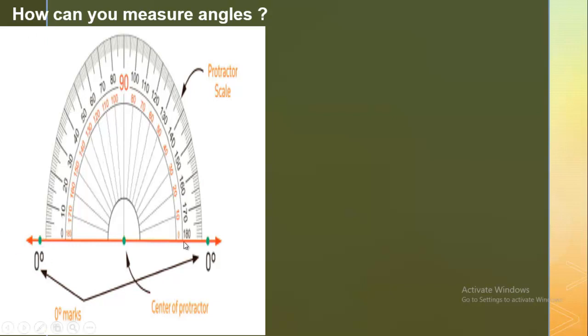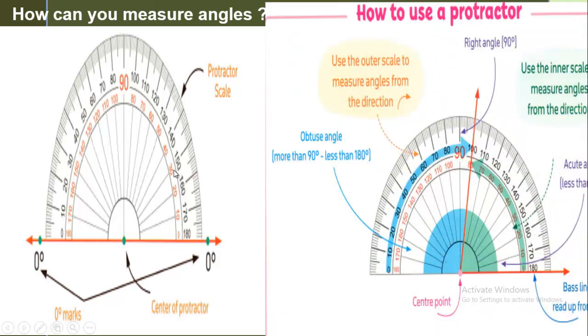We put this protractor on a straight line or on the line segment and start with 0, 10, 20, 30, 40. If we start from this side, we can start from here 0, 10, 20, 30, 40, 50, 60, 70, 80, 90 degrees.